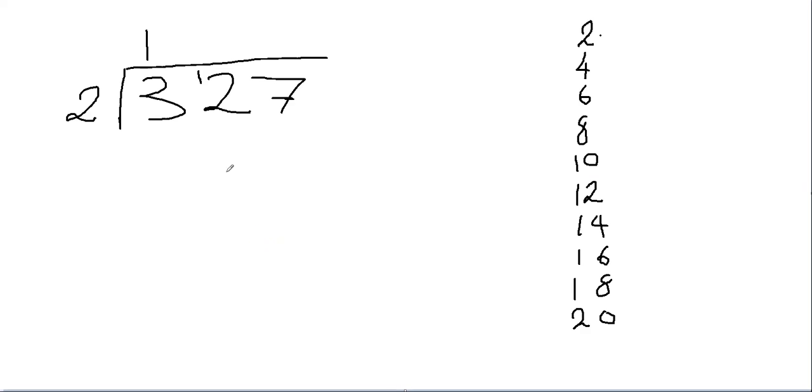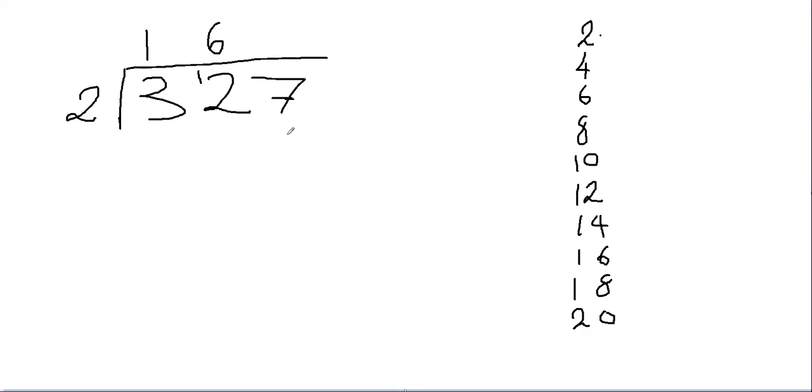So now we have 12. I've carried the remainder to make 12 with the next number. So our next question is 12 divided by 2. We've got 1, 2, 3, 4, 5, 6. 12 divided by 2 is 6, so we write that up above.